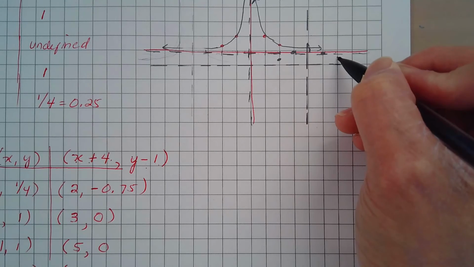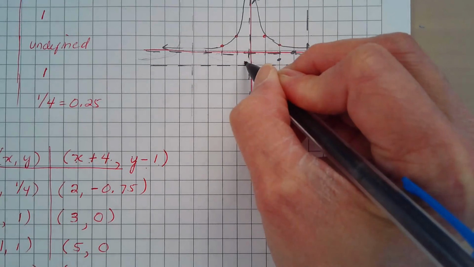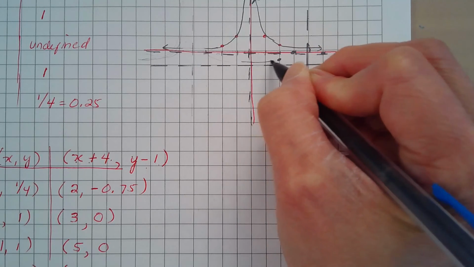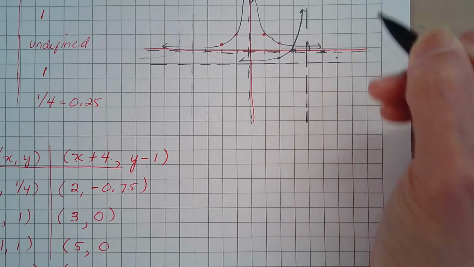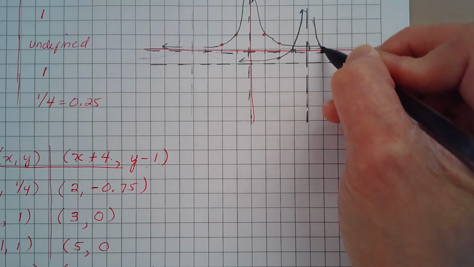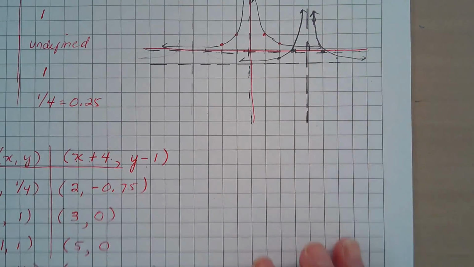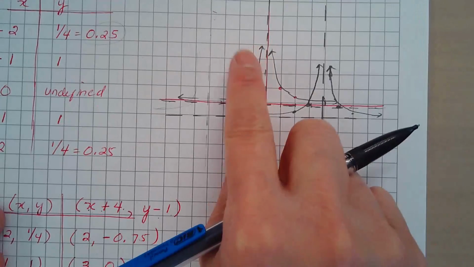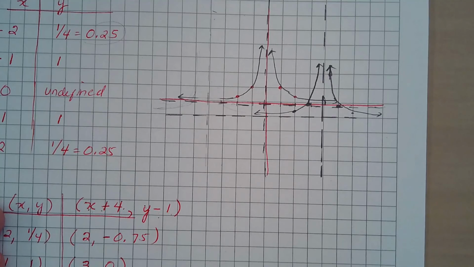And then 6. So the graph is now like this, shifted to the left 4 and 1 down.